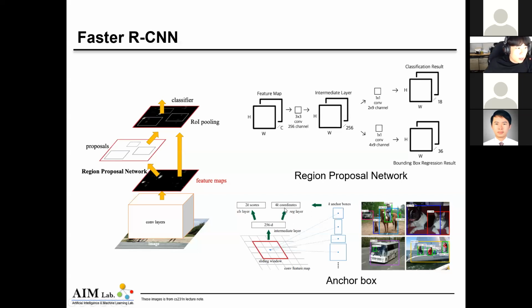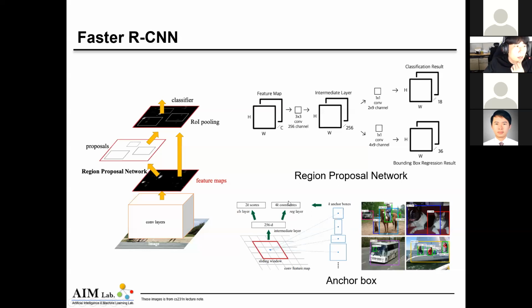Each regression layer proposes how much the coordinates of the box should be moved to make the box accurate. So for example, if there are 9 anchor boxes here, then 9 classification layers and 9 regression layers exist, because they have to propose the score and the regression coordinates for each anchor box.